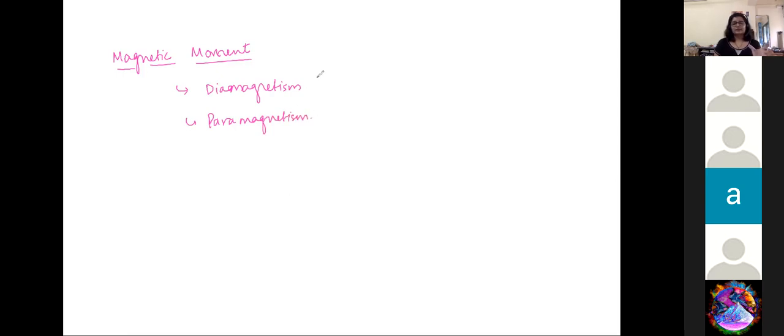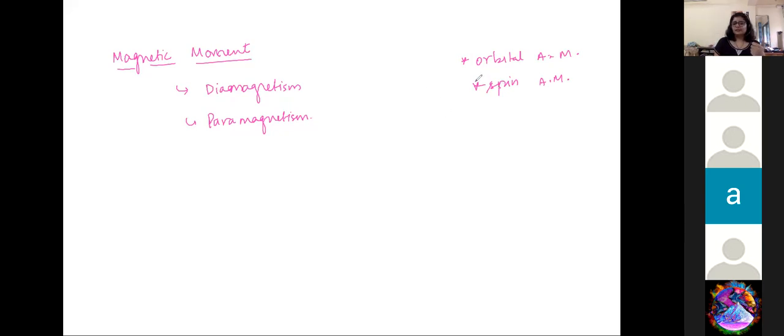When a field is applied, depending on how the electron is moving, that comes due to its orbital angular momentum and due to its spin angular momentum. These are the two factors that decide how it is going to react to a magnetic field.